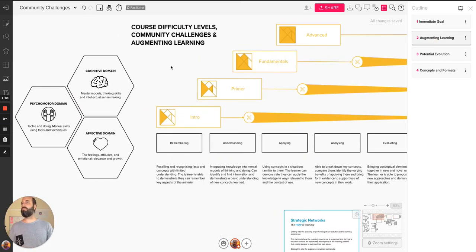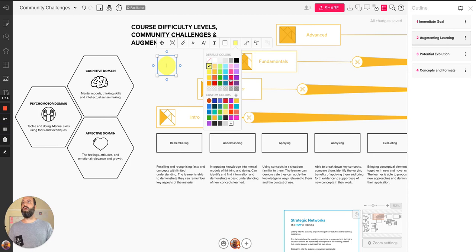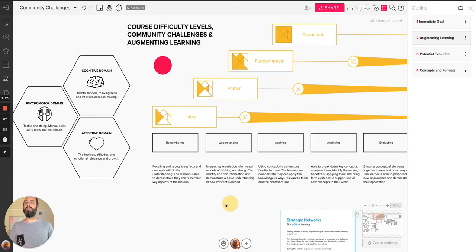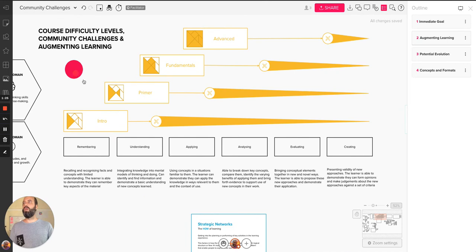So let's just jot this in here, change the color around so it's a little bit more salient. So we have these different course levels from intro through to advanced. These take people through the different phases of learning.